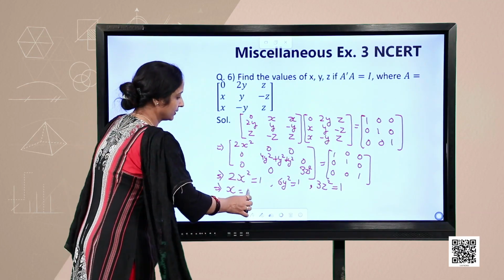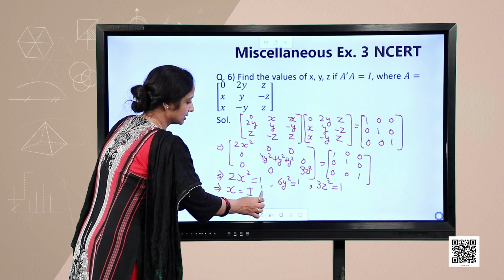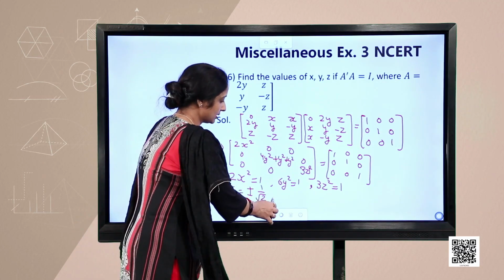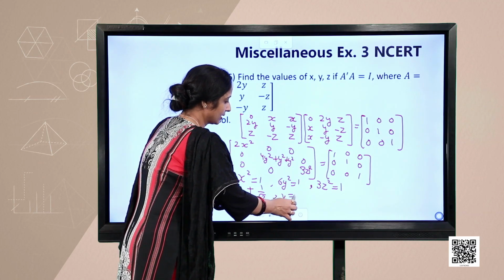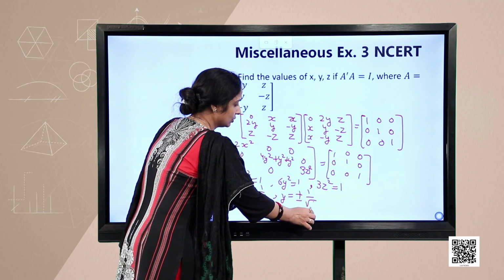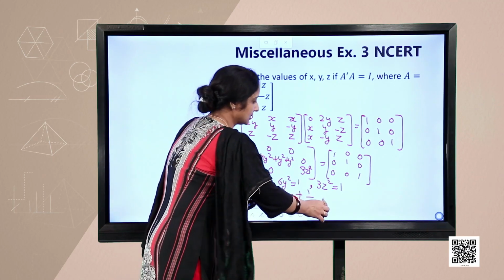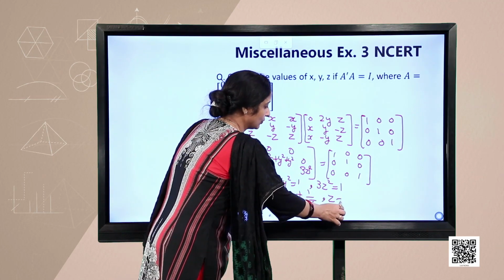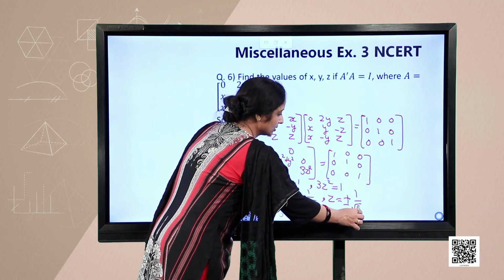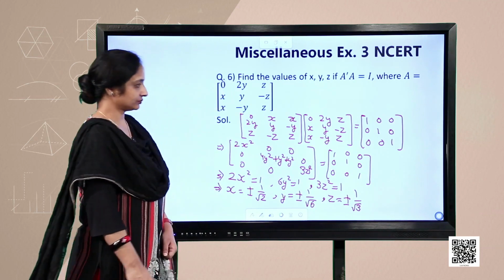So, x will become plus minus 1 upon root 2. Similarly, you can calculate y as plus minus 1 by root 6, and lastly you can calculate value of z as plus minus 1 upon root 3. Fine.